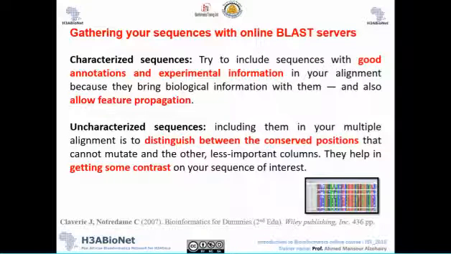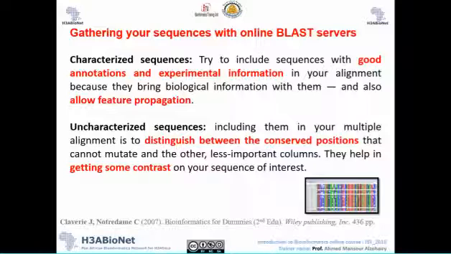You can of course gather your sequences using BLAST. You can take a characterized sequence that has good annotation and experimental information, and then do BLAST to get more sequences similar to what you are looking for.